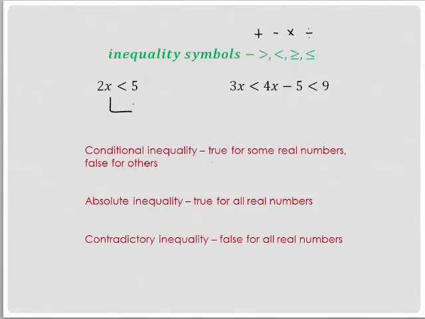A little technical lingo first. These are referred to as the sides. Here's the inequality symbol. It happens to be less than, and these are the signs. Now this, you see two inequality symbols.